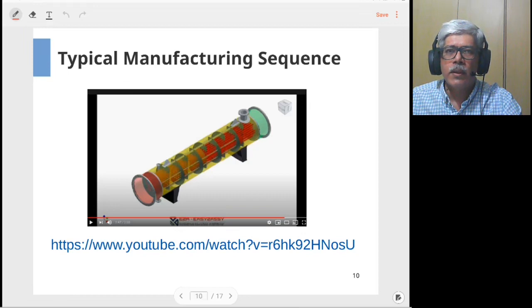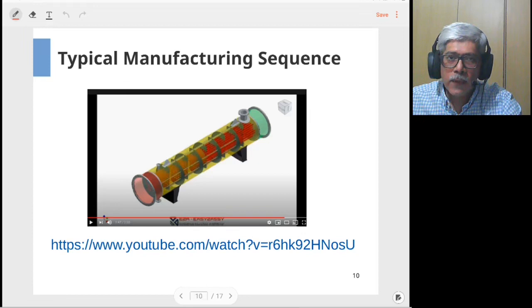So have a look at how the heat exchangers are manufactured. That will give you an idea mainly of how the tube bundles are manufactured, and the role of baffles and other structural members which you need to take into consideration while designing them. So we'll have a look at a YouTube video which will give you an idea about their construction.